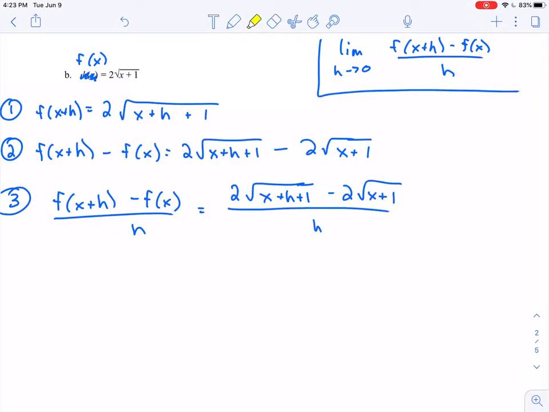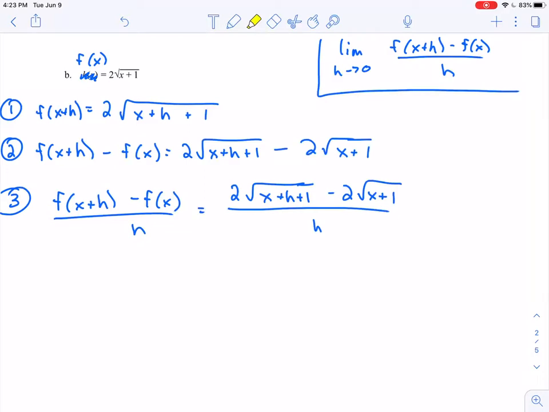Remember last time I said your goal here most of the time is to get rid of this h, and that's still the case here. As it's written right now, it's not really a good way to do that. There's not much I can really do with this as it's currently written.